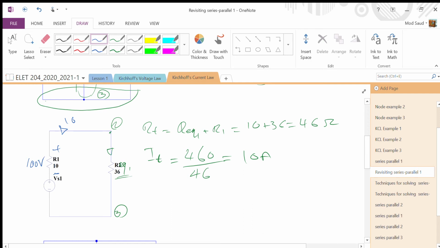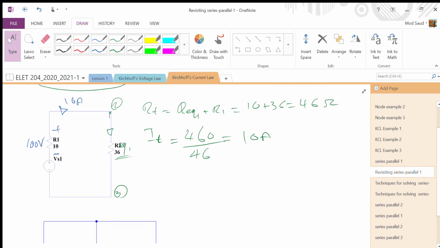Here we talk about amps, not milli. 10 amp times R equivalent is 360 volt. This is positive, negative, 360 volt.